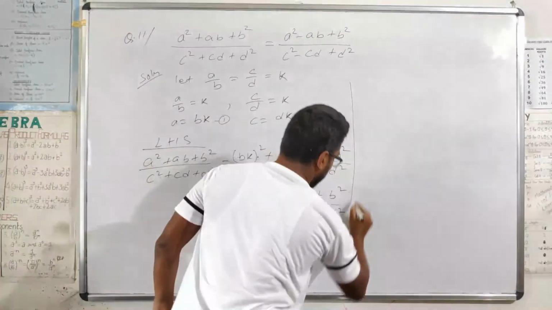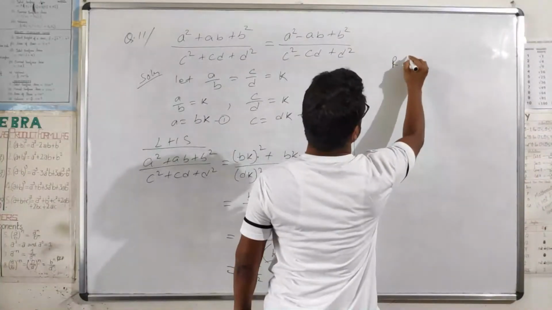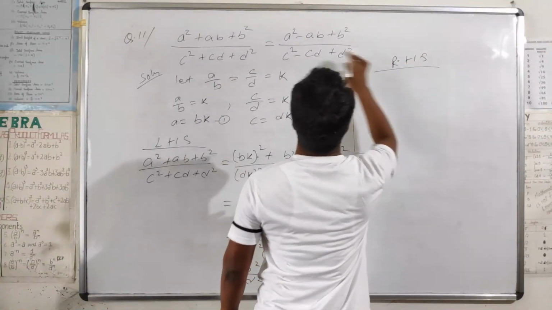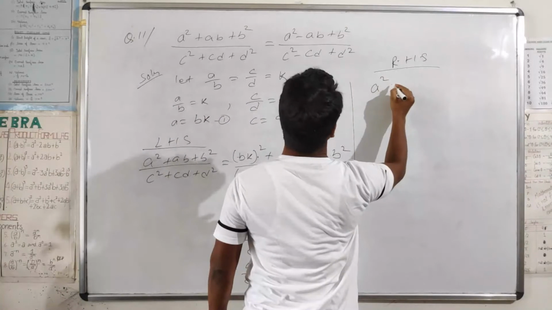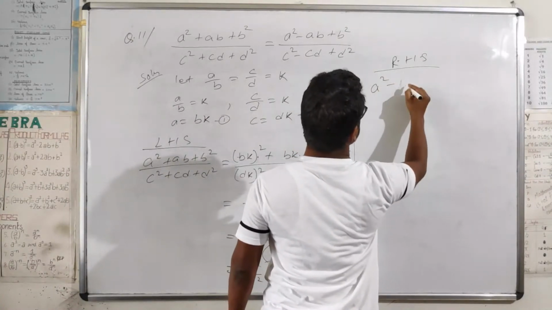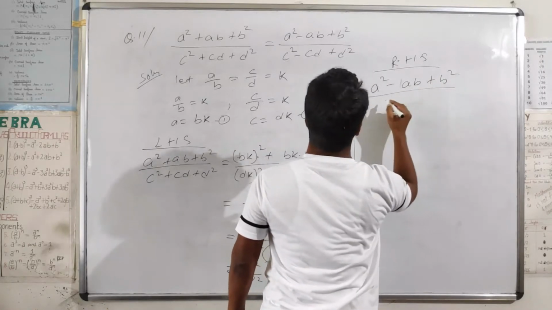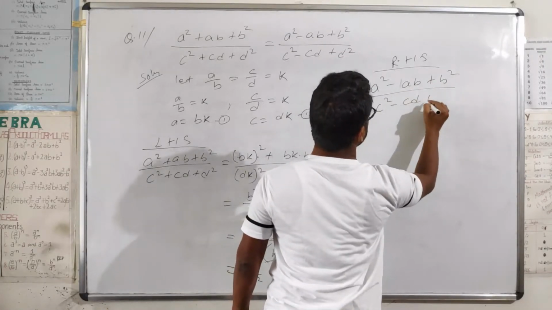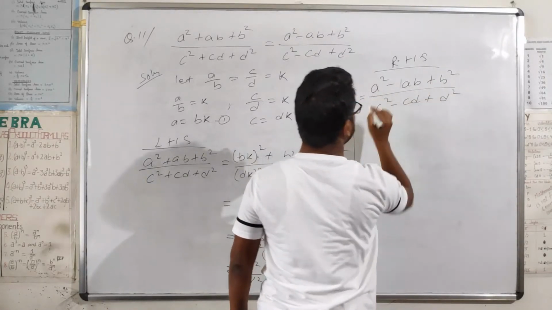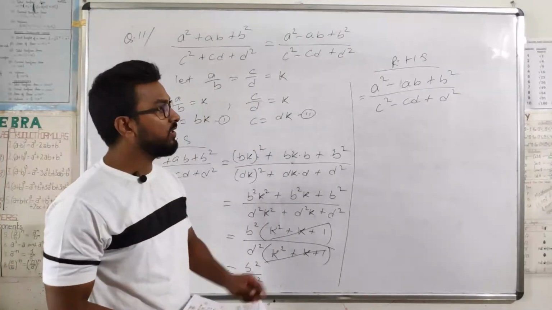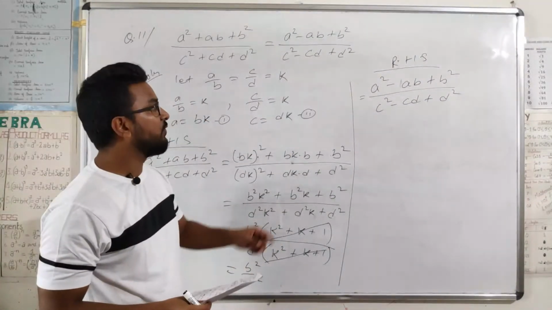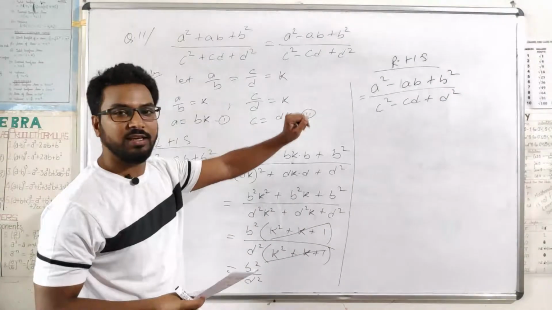So in the right hand side it is given a square minus ab plus b square, and c square minus cd plus d square. This is given, fine. So in this case also we'll change the value of a and c.